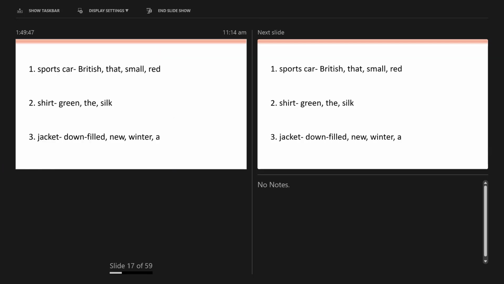That small red British sports car. Okay, ayaw nyo kasi hindi kayo ginaganahan pag sports car. Sige, babaguhin natin. I meant that tall, handsome, blue-eyed British young man.